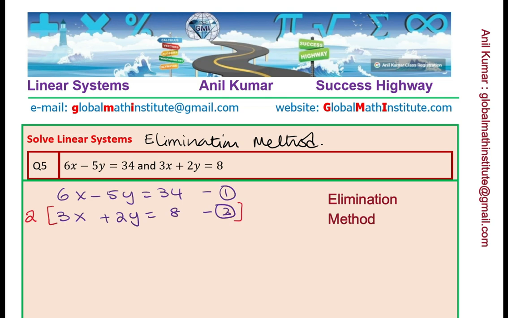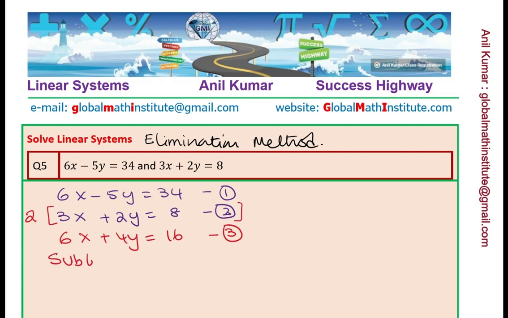So if I do that, I get the second equation as 6x plus 4y, so we just multiply by 2, equals 16, and that's our third equation. So now you see, in equation 1 and in equation 3, 6x is common. So this time we are subtracting equation 1 minus equation 3, correct? So if I do that, what do I get?